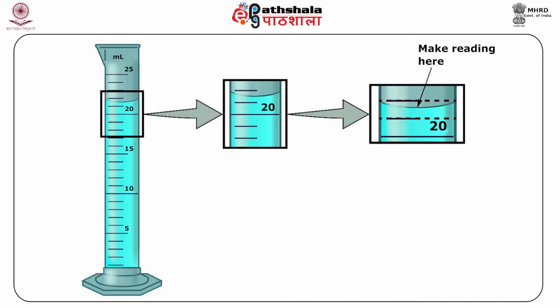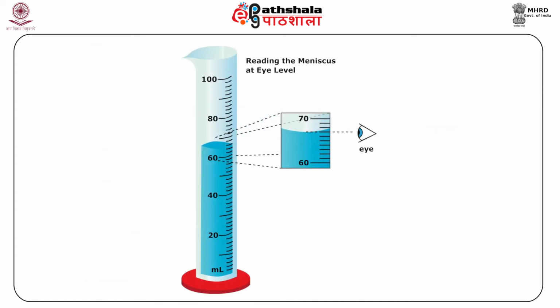The smaller the container, the more pronounced is the curve of the meniscus. To measure the volume accurately, our eyes must be at the same level as the bottom of the meniscus.